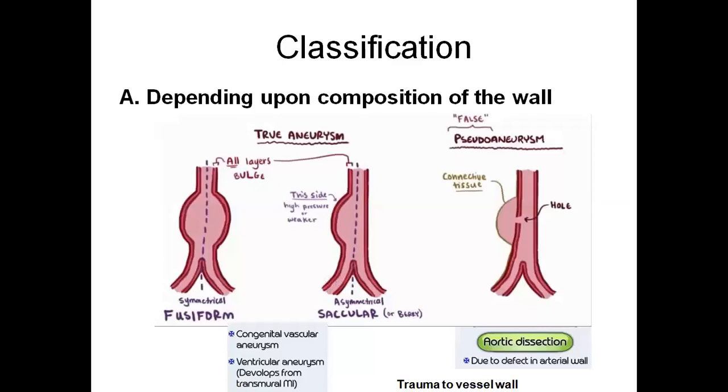As we can see in this case, a true aneurysm can be bulging on both sides or either one side wherever the weak spot has developed. Whereas for false or pseudo aneurysm development, you don't need all three layers. Either one layer or two layers may be involved.